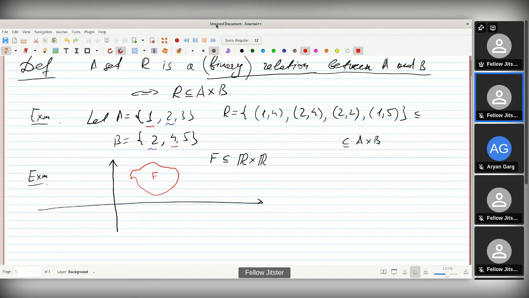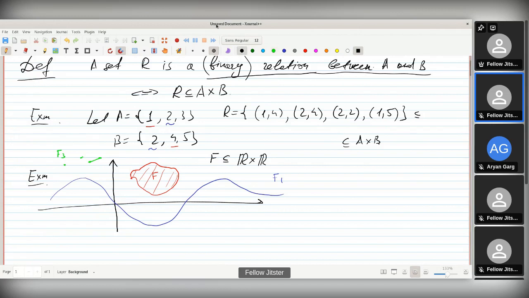So every geometric figure is a binary relation. Every graph of a function is a binary relation. Whatever set of planar points, it may have some isolated pieces, say here F3 contains these two isolated points and this segment.